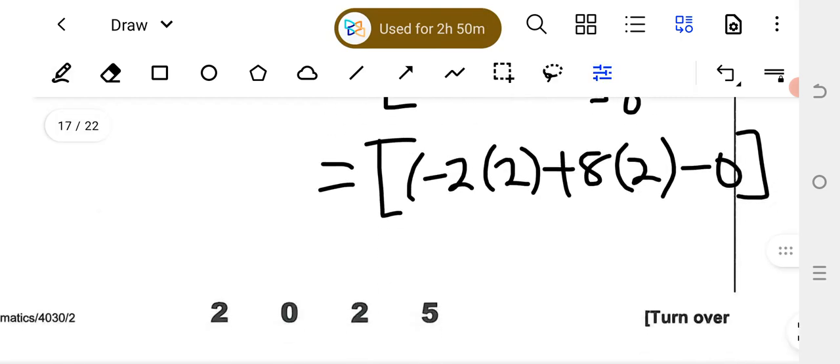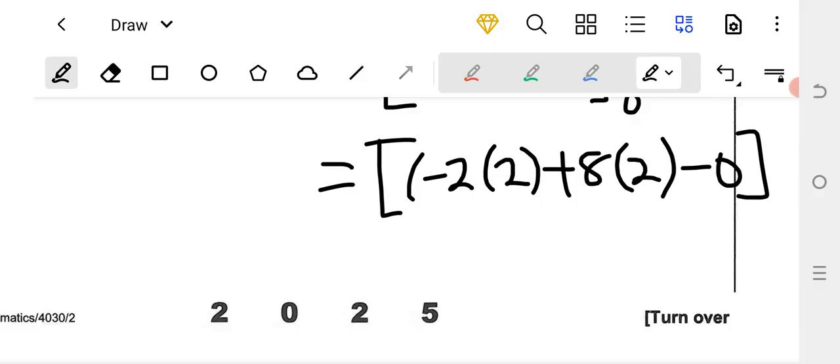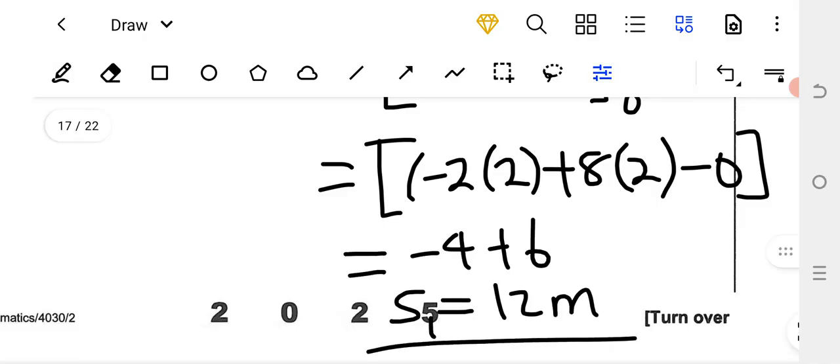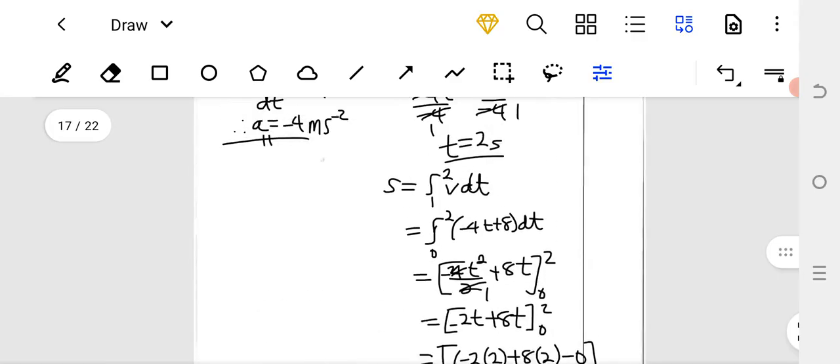So the distance from 0 to 2 seconds will be equal to negative 4 plus 8 times 2, which is 16. So S will be equal to 12 meters. That's your S1. So your S1 is 12 meters.